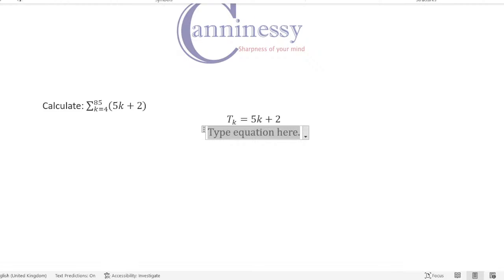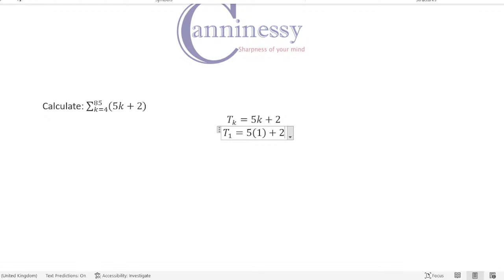Therefore, t1, the first term, is equal to 5k, where there's k we put 1, is equal to 5 into 1 plus 2.